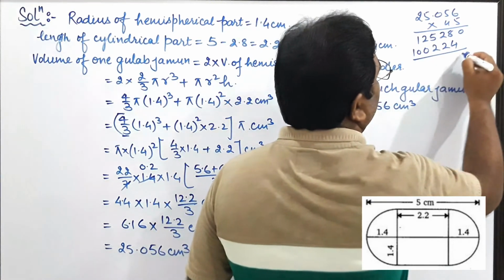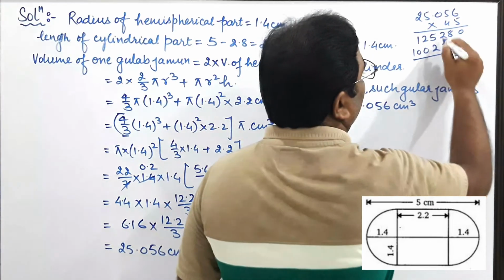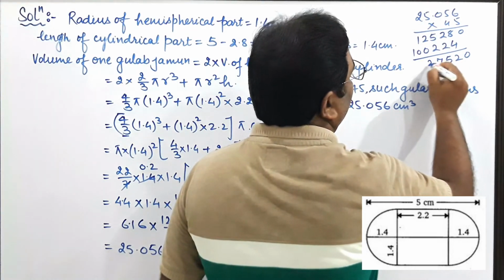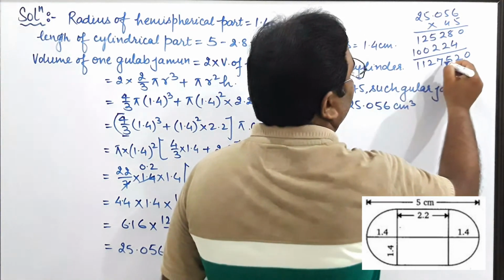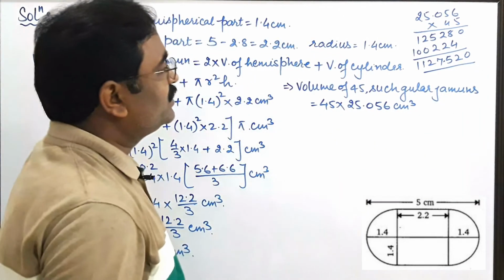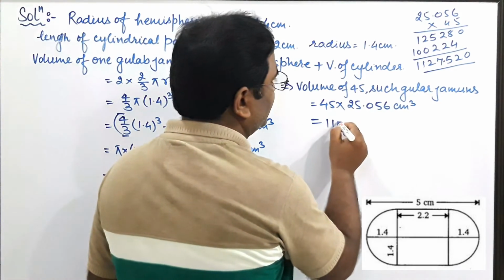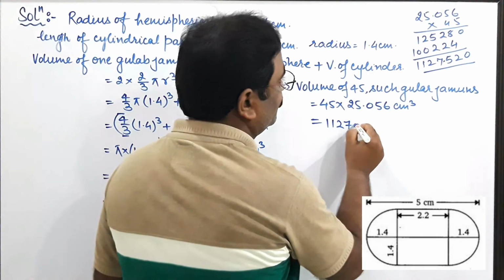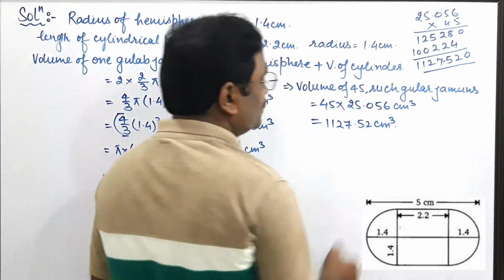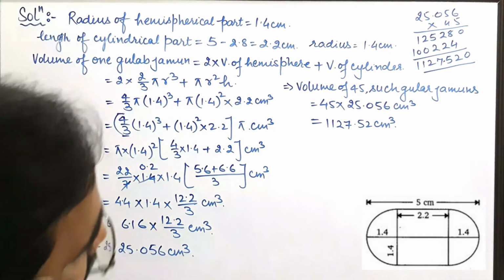So let us add it. 0 8 4 12, 4 4 2 2 4 1 5, 7 2 1 and 1, having decimal at this point, means 1127.52 cubic centimeter. This is the volume of such 45 gulab jamuns.